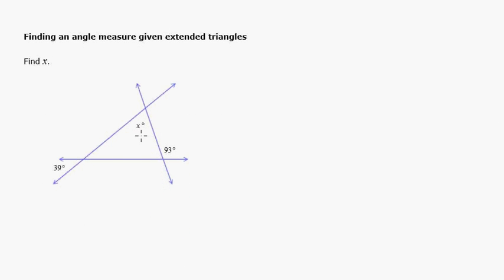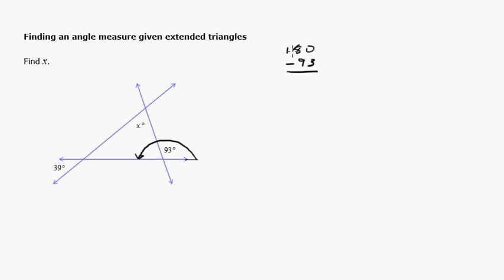Okay, here's X. Now this time we don't have X, and we don't have this right here. I haven't figured out how I'm going to do this one just yet. But what I can see right here is that from here to here is 180. So I can do 180 take away 93.